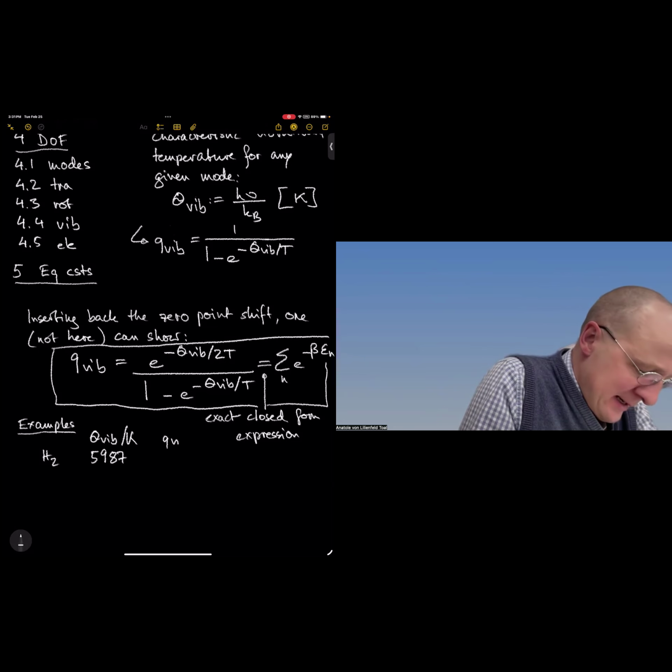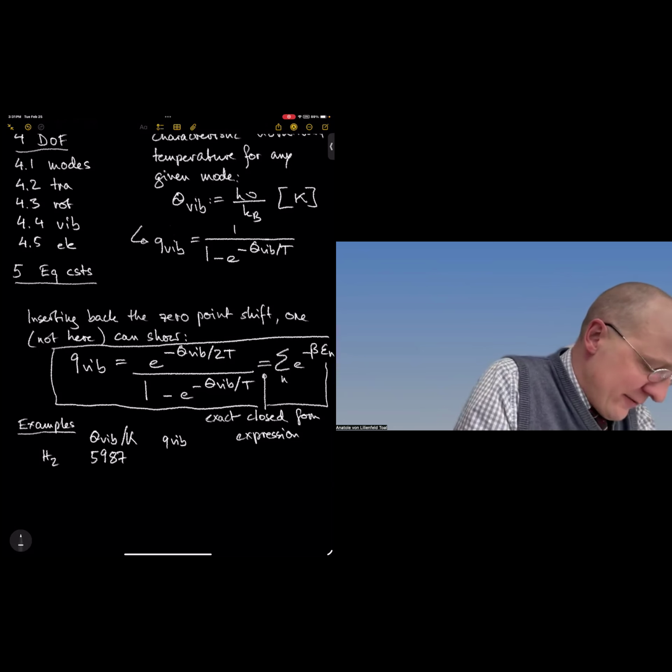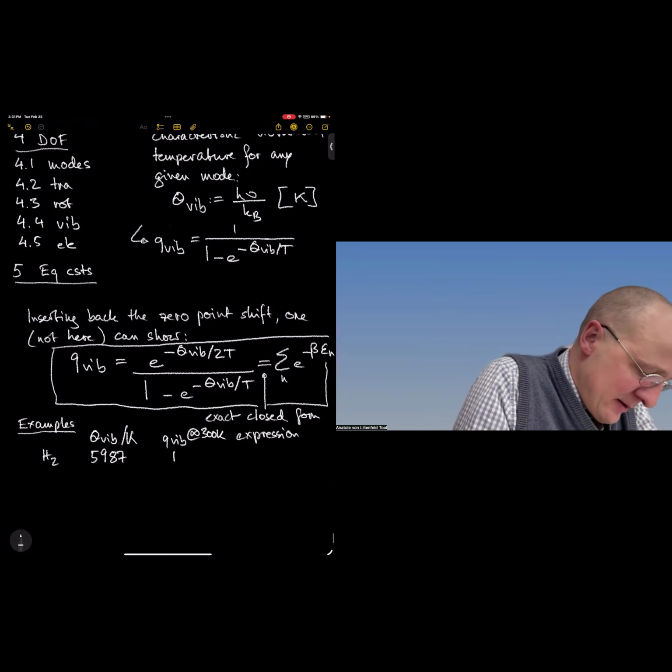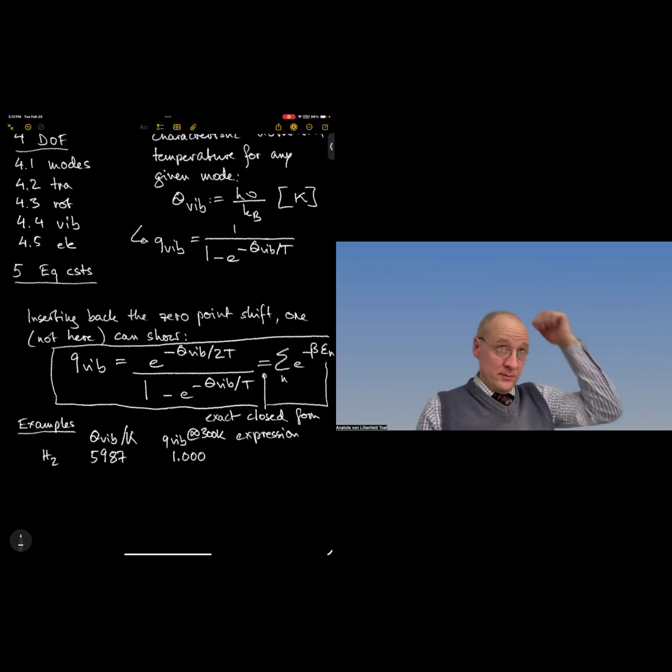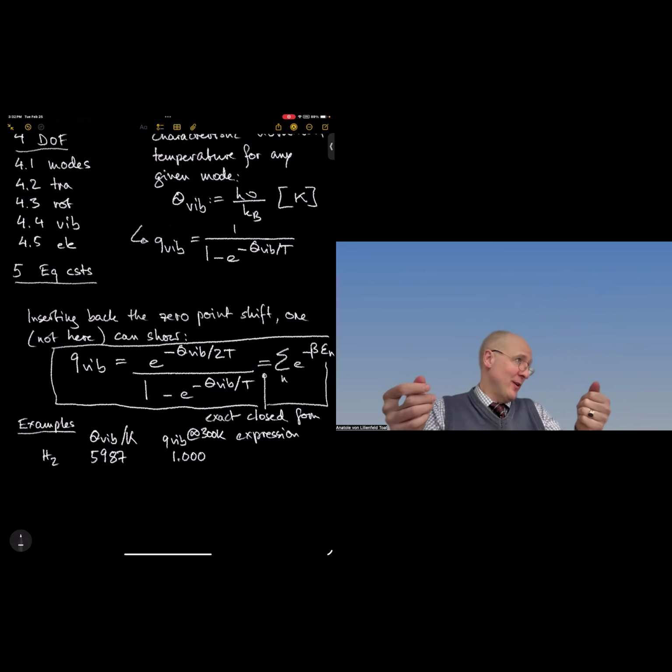And if you then calculate the corresponding Q vib at 300 Kelvin, you would get 1.000. Now, remember that we multiply all these partition functions from the different modes of the energy, right?